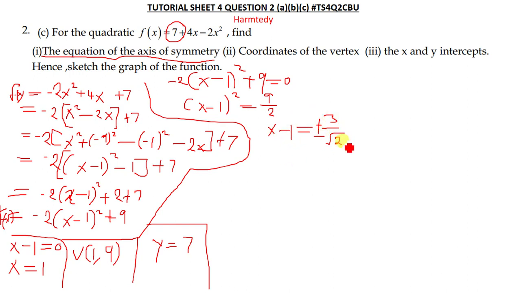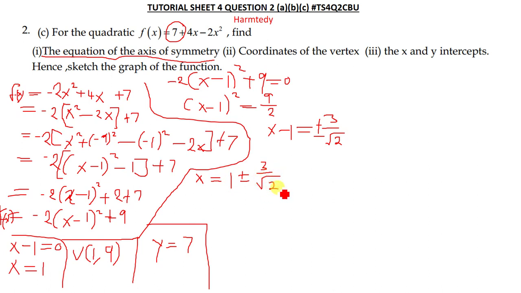So when you take negative 1 to the other side of the equal sign, you have your value of x, to be equal to 1 plus or minus 3 over the root of 2.